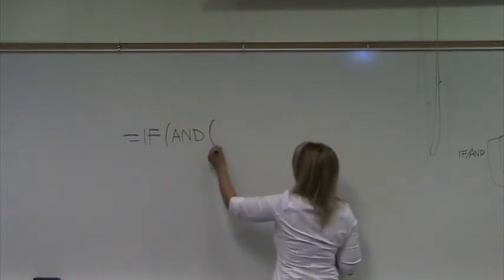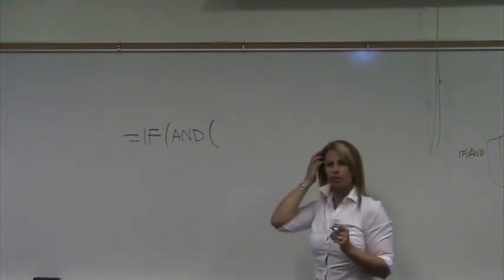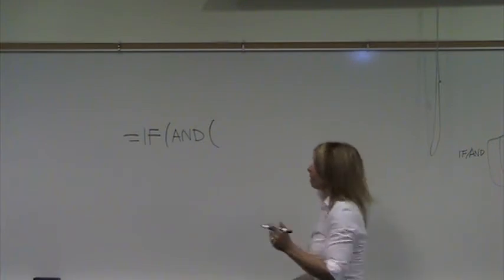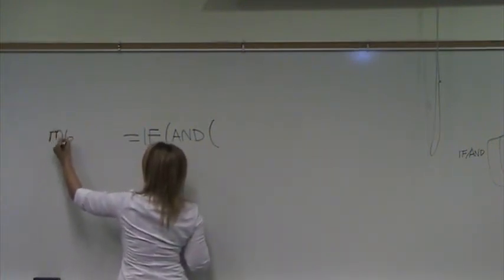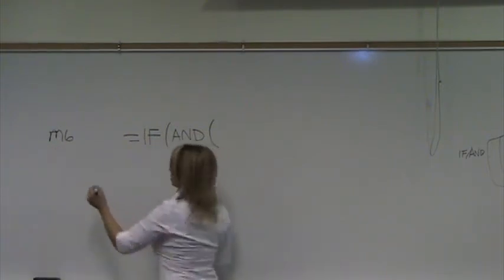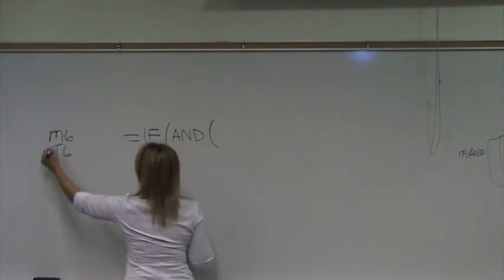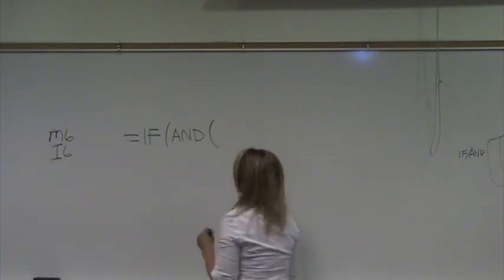So the first one, what cell is the year of service in for this first person? M6. Okay, and pay grade? I6, okay. And I think that's all we need, the years and the pay grade.